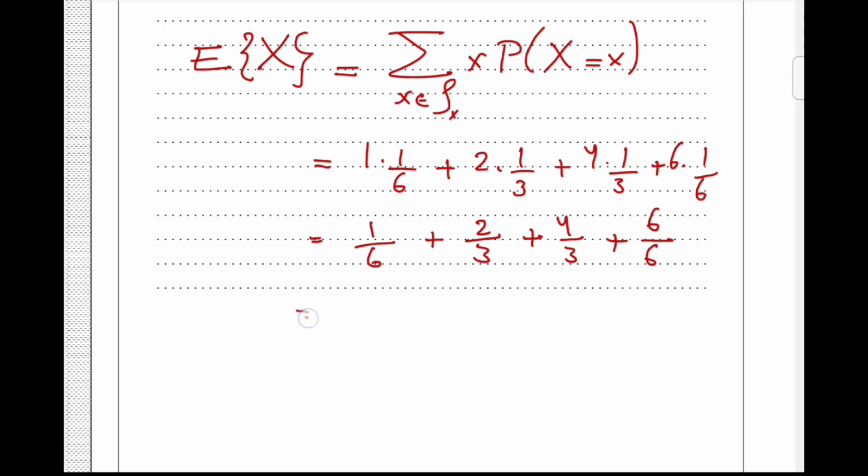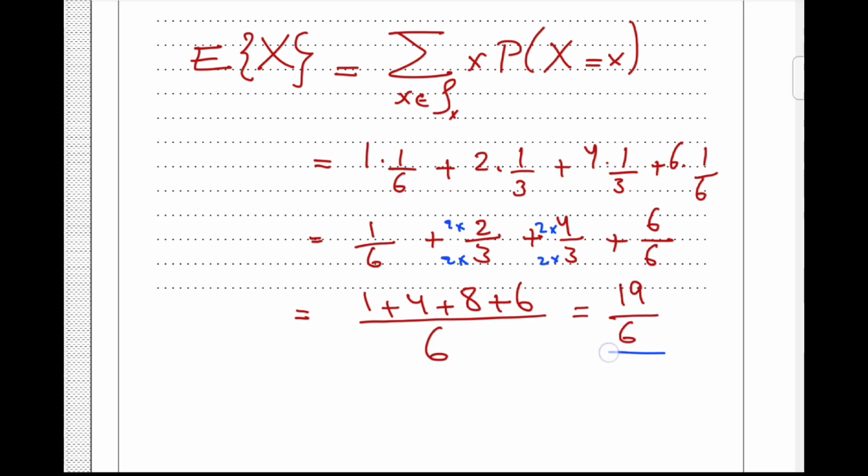So let's make a common denominator, which is 6. You multiply by 2, you multiply by 2, you multiply by 2, you multiply by 2. 2 times 2 is 4, plus 2 times 4 is 8, plus 6, which is equal to 4 plus 6, 10, 8 plus 1 is 9, so 19 divided by 6.